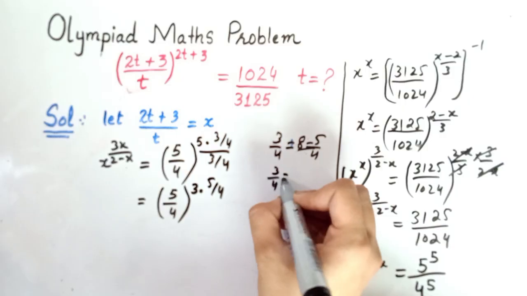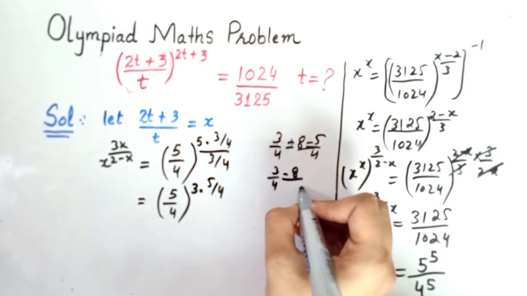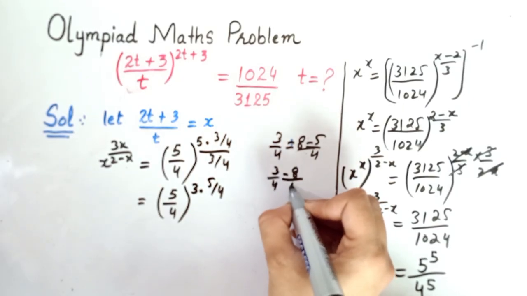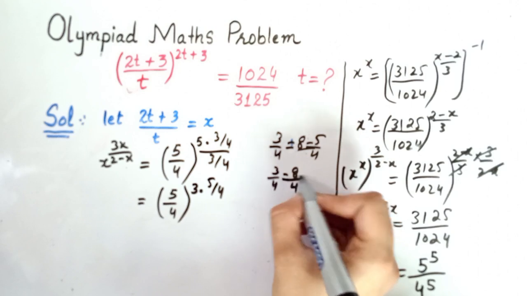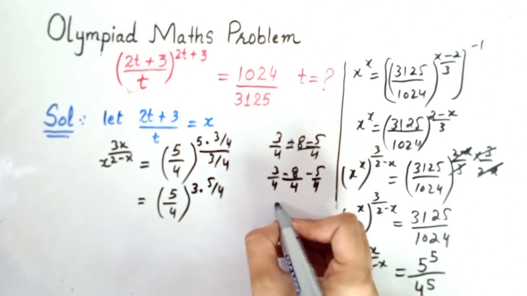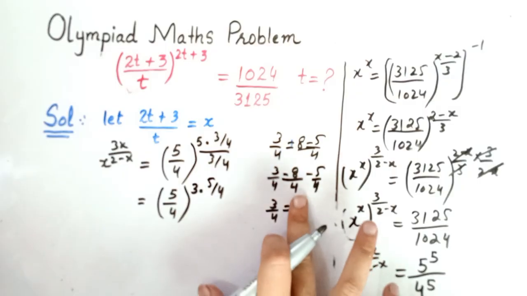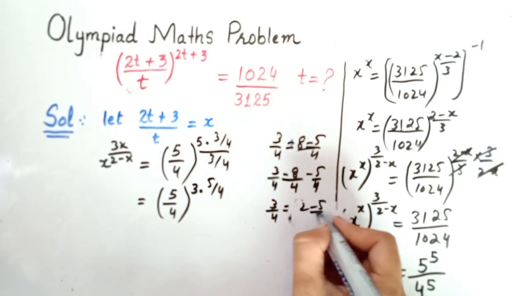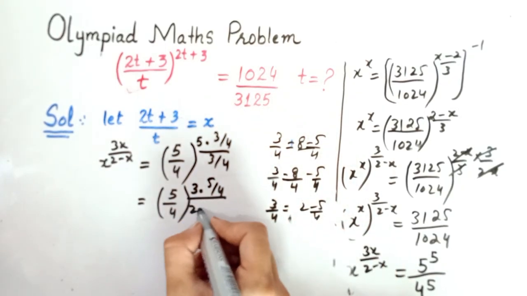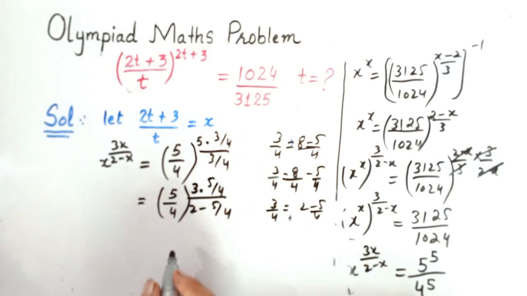So 3/4 equals 8/4 minus 5/4, which is 2 minus 5/4. So in the denominator we have 2 minus 5/4.